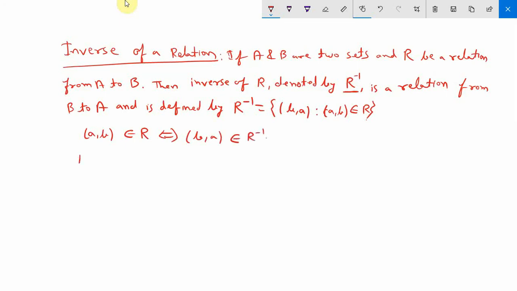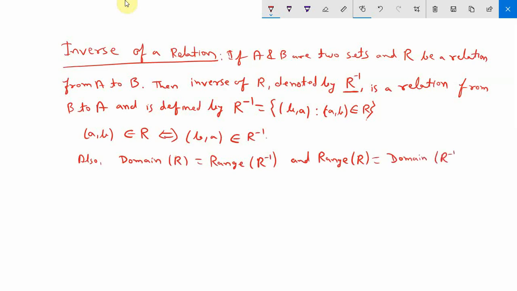Also we can write domain of R equal to range of R inverse, and range of R equal to domain of R inverse.